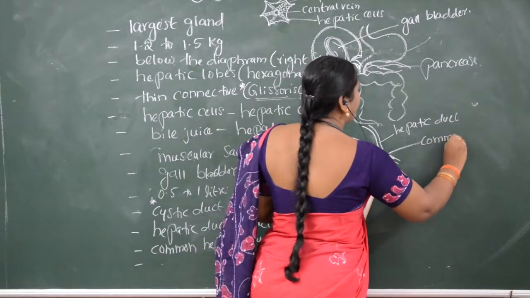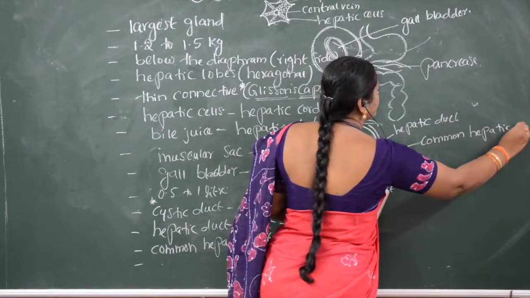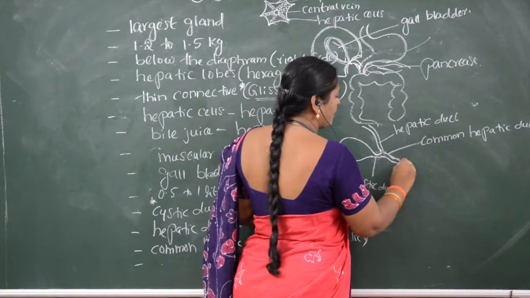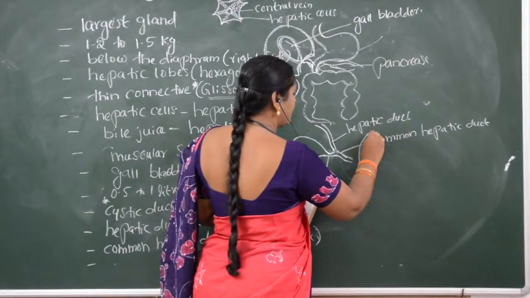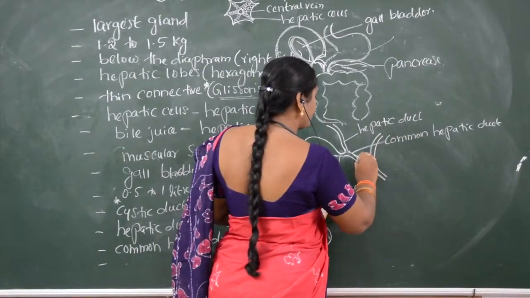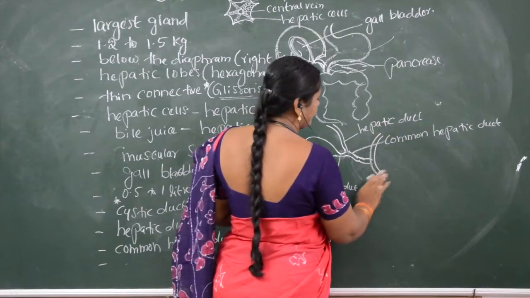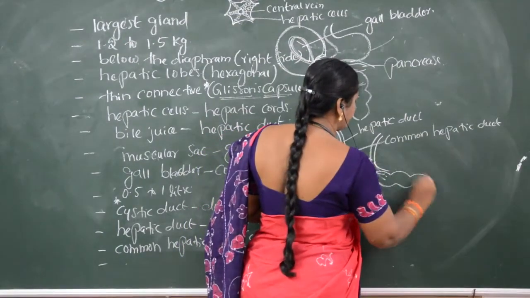Common hepatic duct. Again, this common hepatic duct enters into a C-shaped or U-shaped structure called the duodenum. If you take this as the duodenum, this is the large intestine.